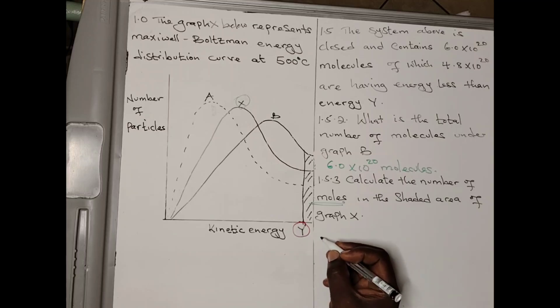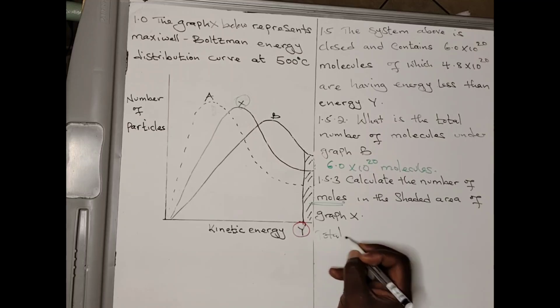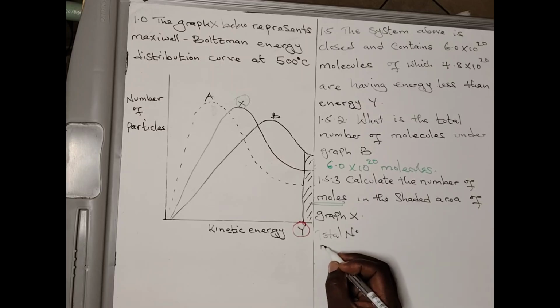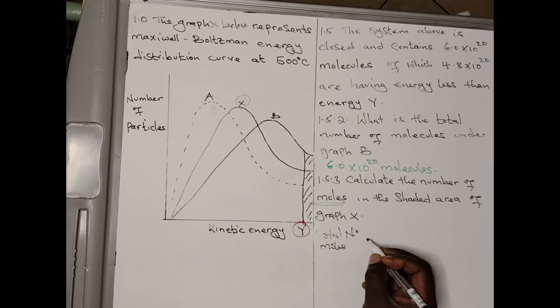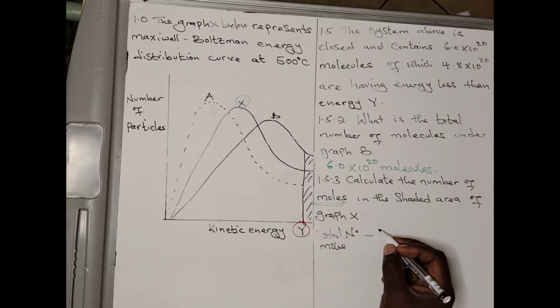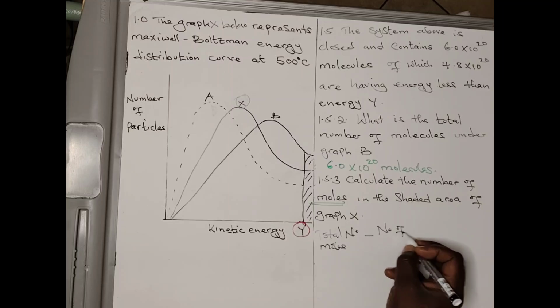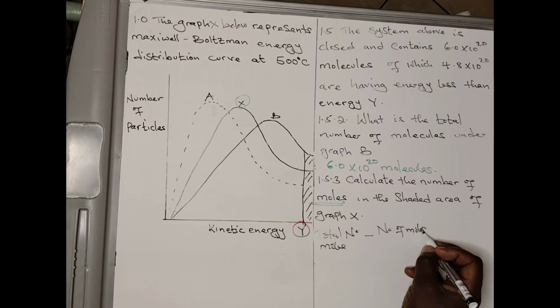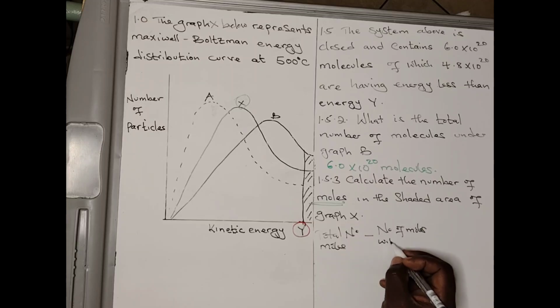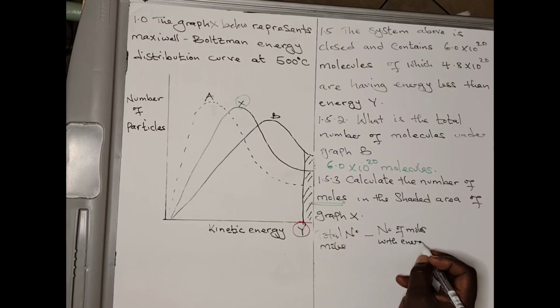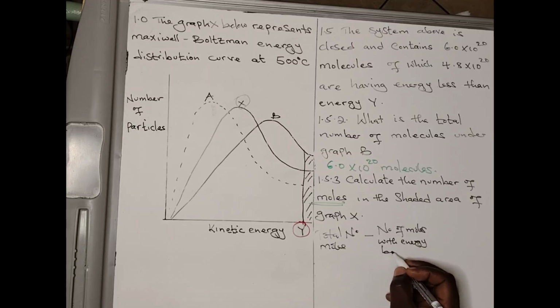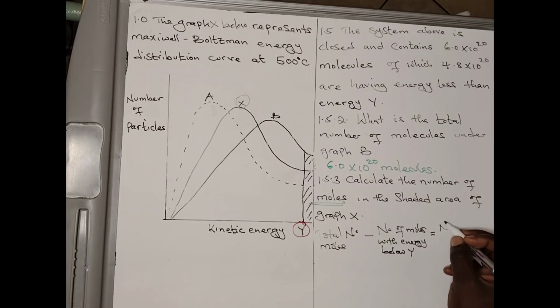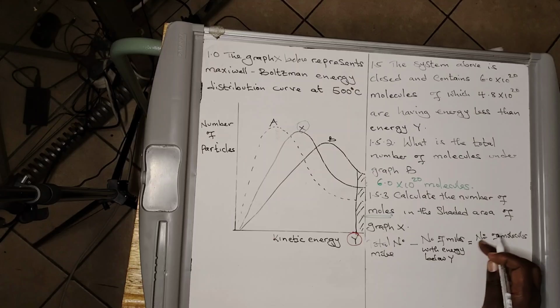So we'll have total number of molecules in the system minus number of molecules with the energy below Y. What you get out of this one is going to be number of molecules in the shaded area.